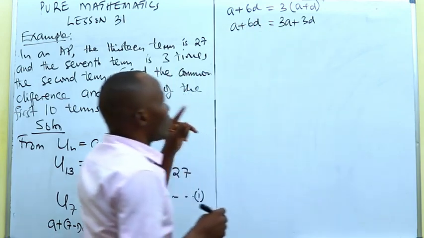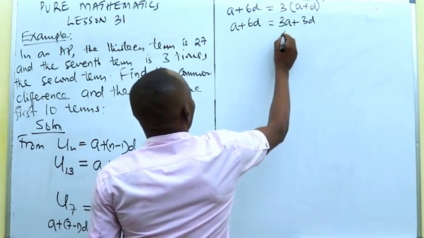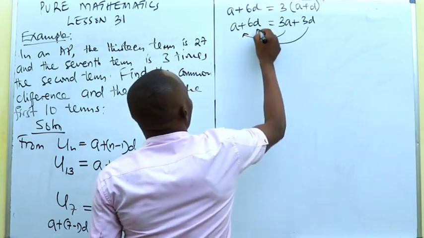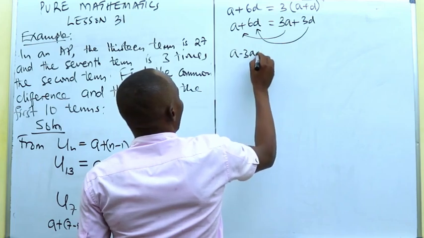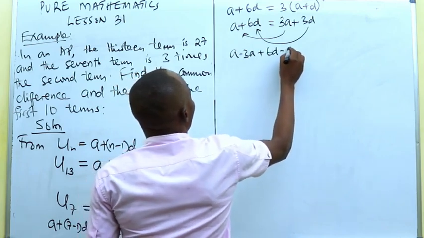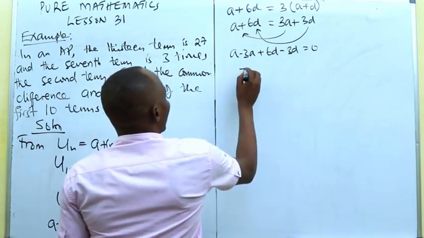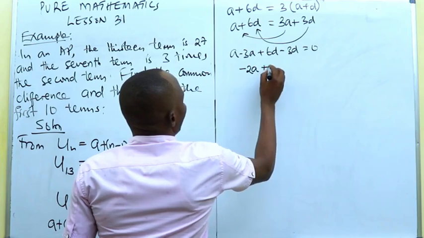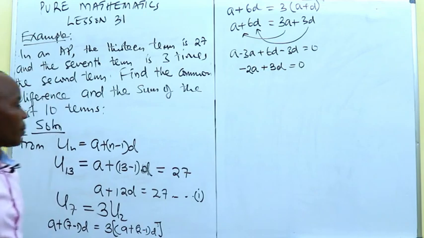Now, if I collect like terms by subtracting, the 3a comes this side and the 3d comes there, this one is a minus 3a plus 6d minus 3d. The whole thing will give us a 0. So this is negative 2a plus 3d is equal to 0.